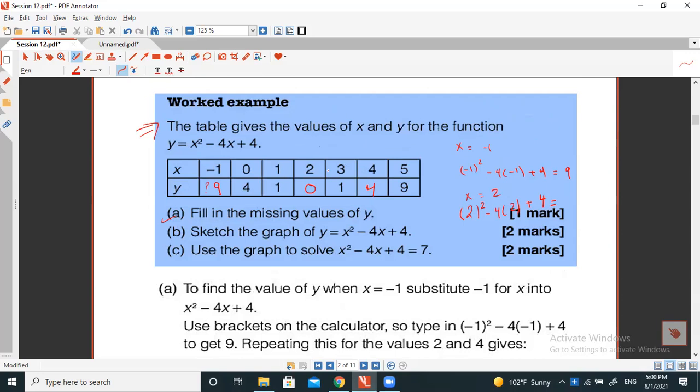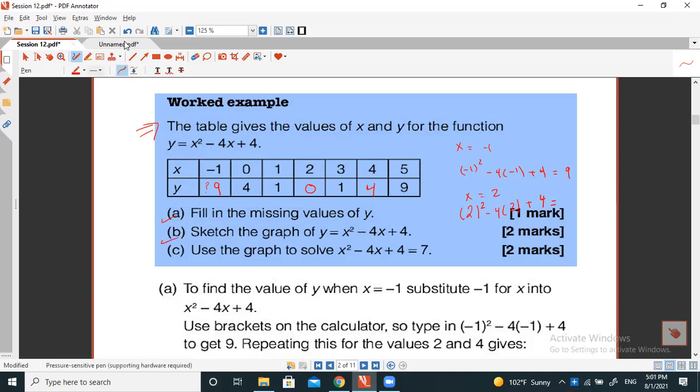If you don't have the table, just put very easy numbers, like -1, 0, 1, 2, 3, 4, 5, and find the corresponding values of y. Then it says sketch the graph.